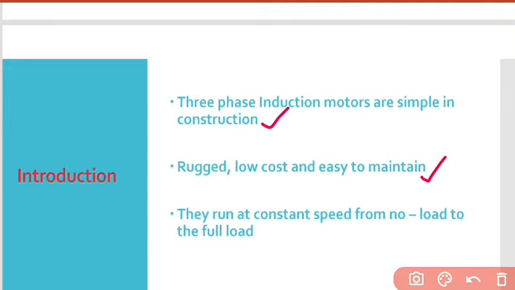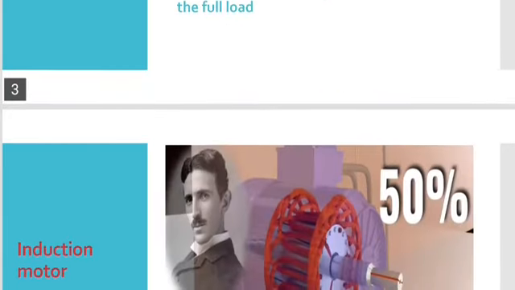Why is it low cost? Because it has fewer parts compared to other motors. And the last one, the main advantage, is that it will run at constant speed from no load to full load.